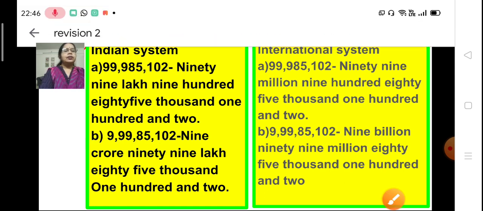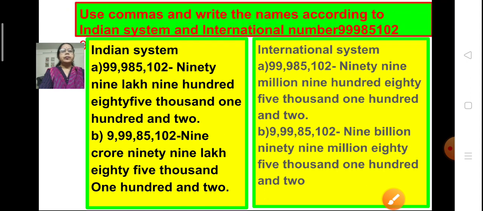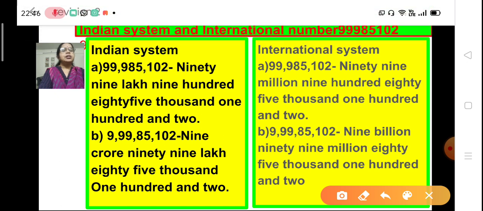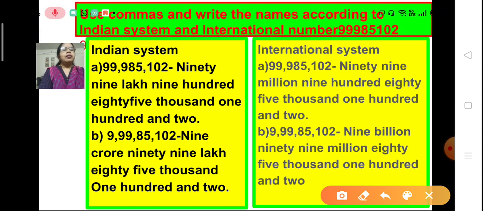Now let's look at the international system. So the first option according to international system, it is given as for first comma comes after 3 digits from the right, and the next comma also comes after 3 digits from the next 3 digits. So this is right system of putting the commas. Now let's look at the name given.